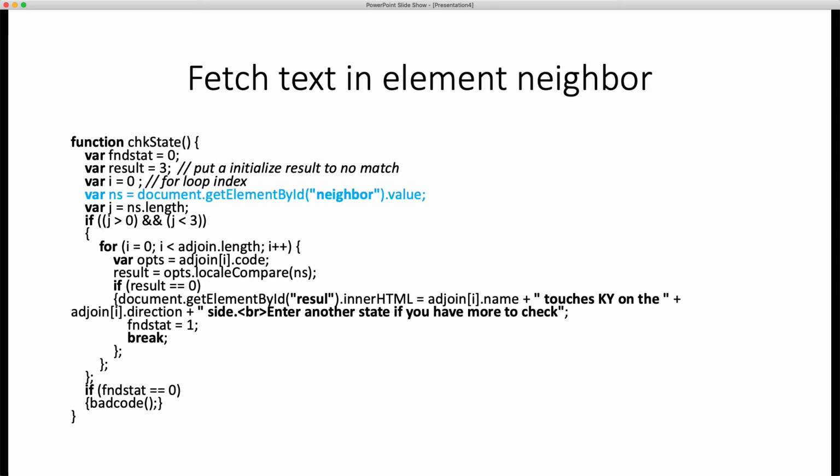Okay, I've now got to fetch the text in the element neighbor. So when we fire check state, we're down here and we're going to say use the document, get the element by ID neighbor, take its value and set it equal to a variable called ns, next state, or new state, or just ns.